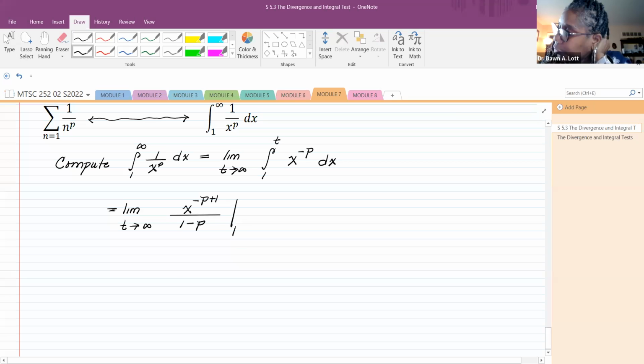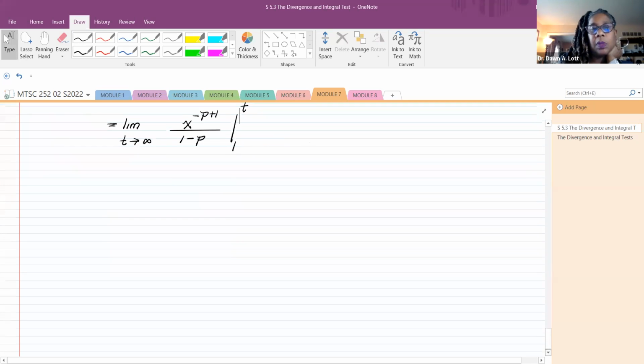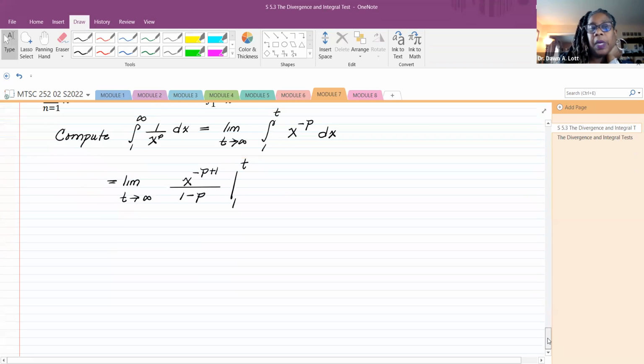And evaluate it from 1 to t. So minus p plus 1 is the same as 1 minus p. So this is the limit as t approaches infinity.